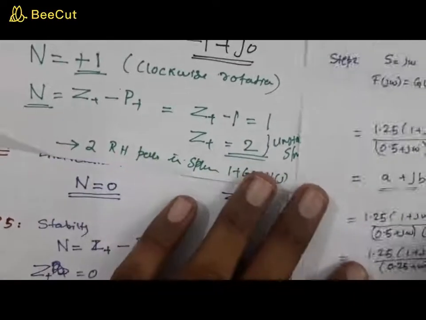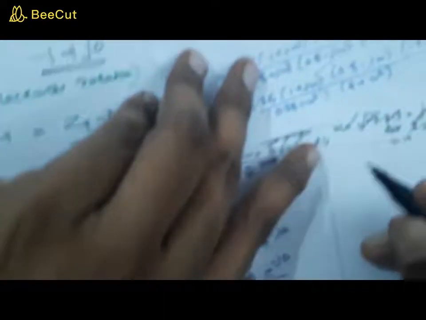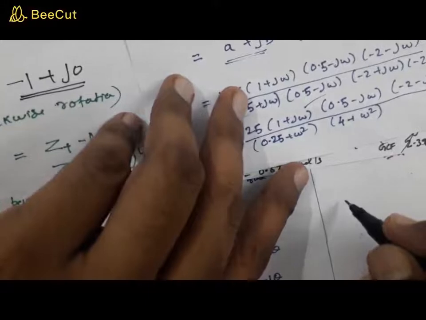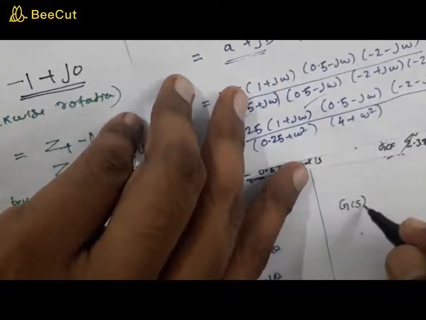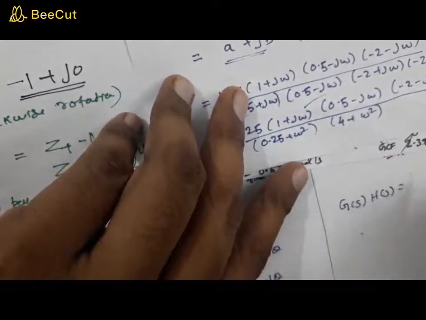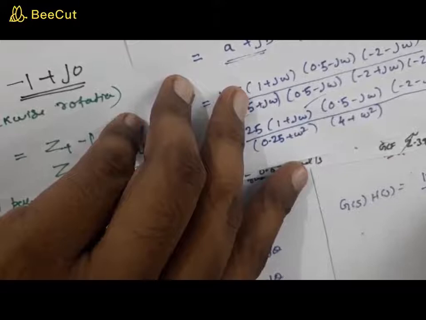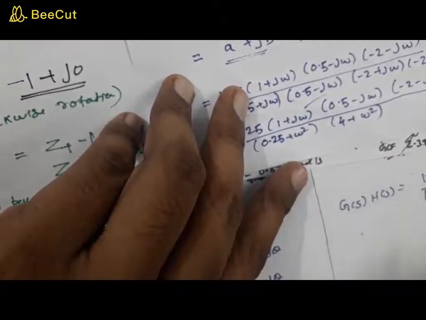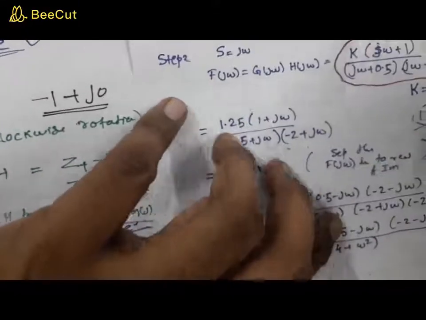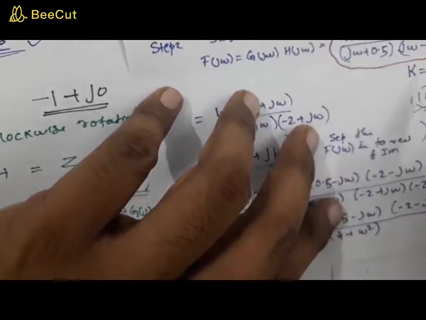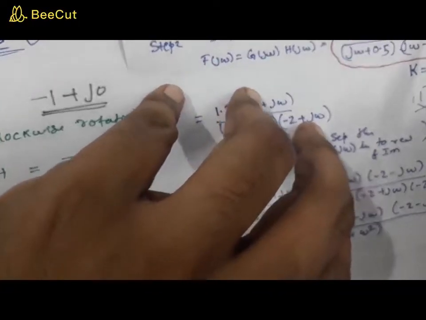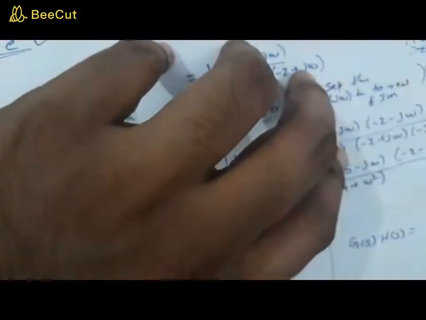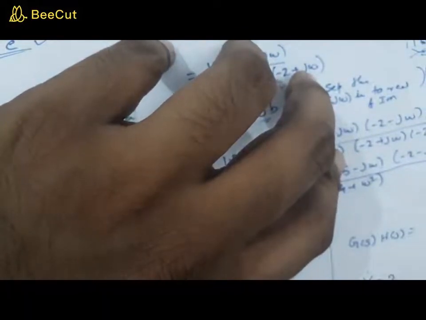Now, you may try the same problem as homework, where G(s)H(s) is equal to k into the same expression, with S + 0.5 and S - 0.2. We have done this problem for k equal to 1.25, and now I'm asking you to change the value to 2.5.